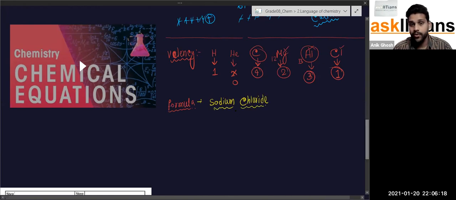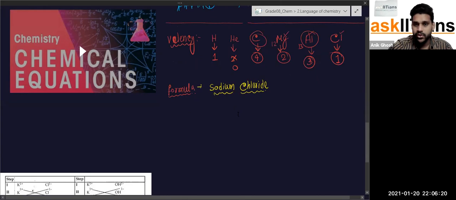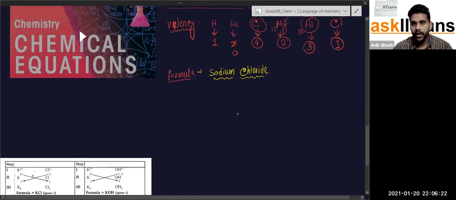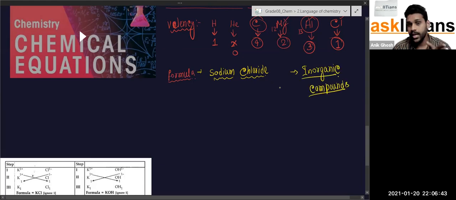How to write a chemical formula? There are a few steps. Just remember one thing. For inorganic compounds, the cations are written first and the anions are written after the cations.